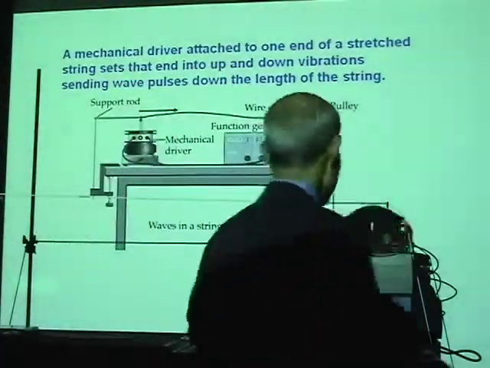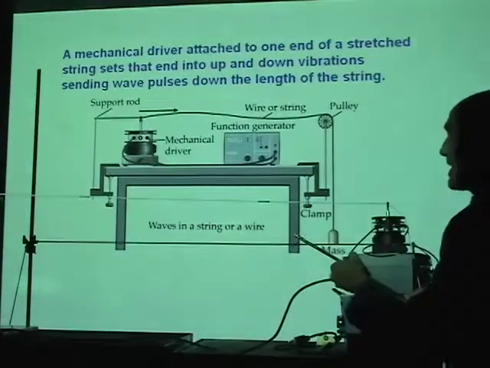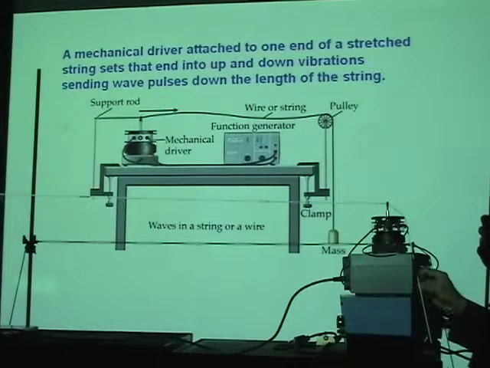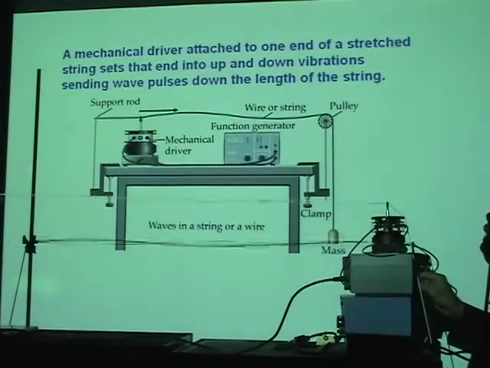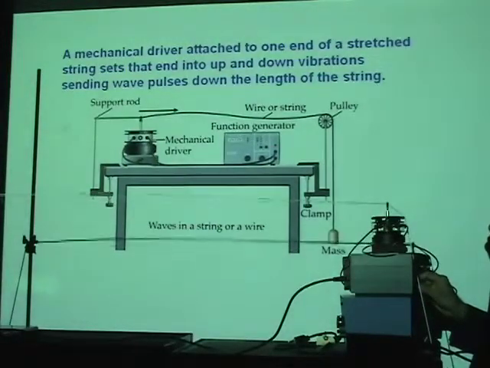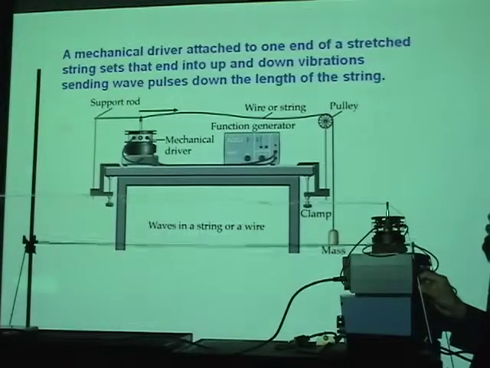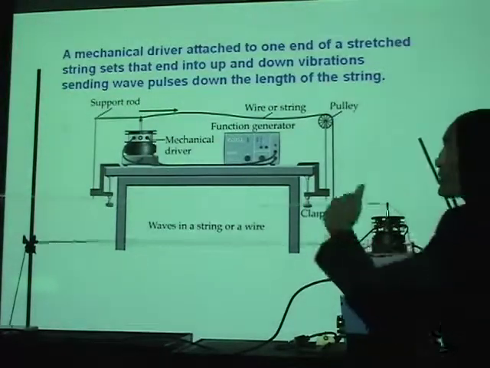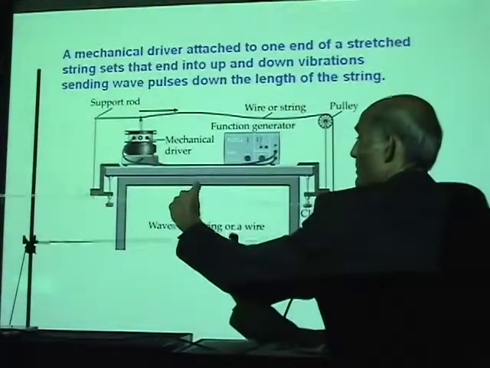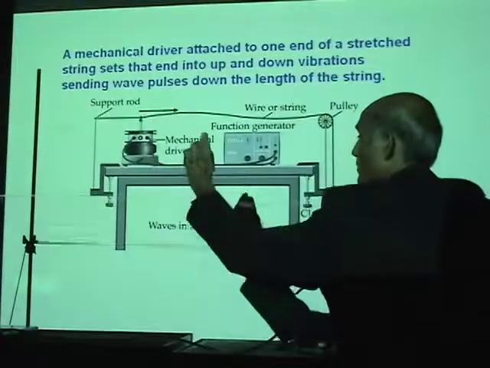Okay, let me set that again there for you. Now, I've got to adjust the frequency in order that this may happen. So, watch that carefully. Let me adjust the frequency, see if I can get that right. Now, this mode of vibration of the string, what you see here is that the segments at the middle have maximum displacement.